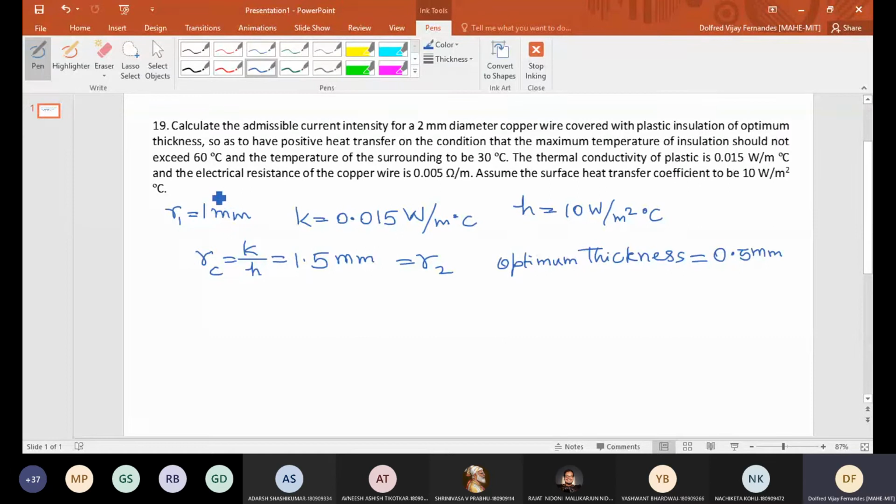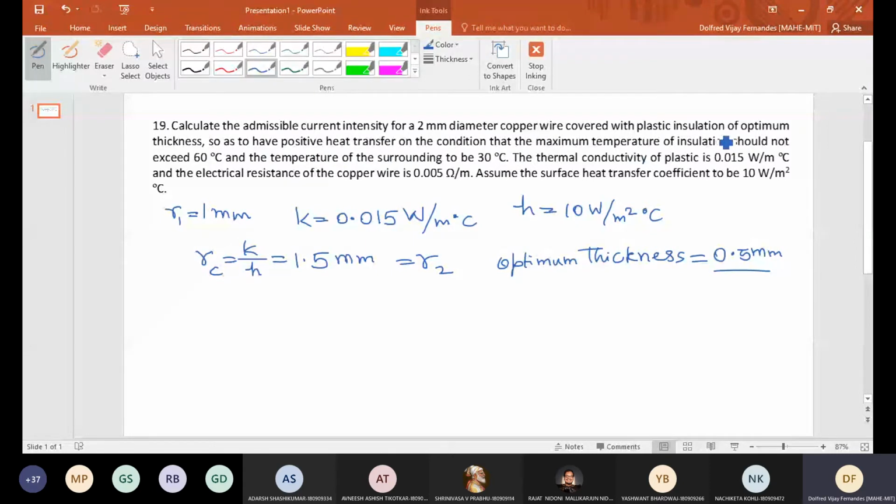Now you have to do the calculations for the rate of heat transfer through this thickness of insulation. What is the condition here? To have a positive heat transfer, heat loss should be there.